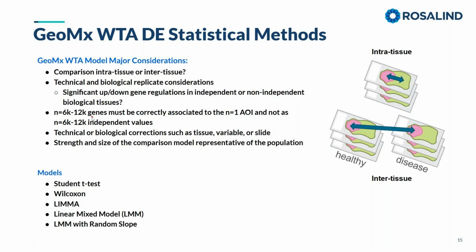Additionally, there's another layer where we're often taking from the whole transcriptome. After removal of low expressing genes, you on average have 6,000 to 12,000 genes. However, those 6,000 to 12,000 genes are associated with one AOI. A lot of statistical tests also think that these genes are independent values. So you also have to make sure that those independent genes are not N equals 6 to 12,000, when it's associated with that N equals 1 AOI.